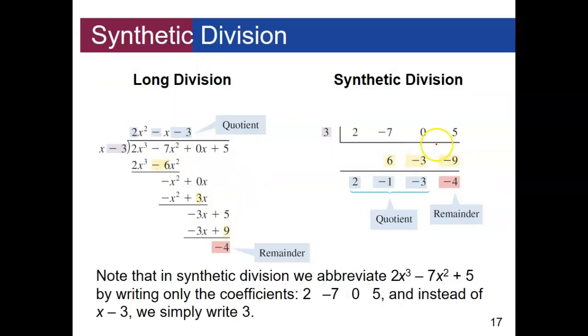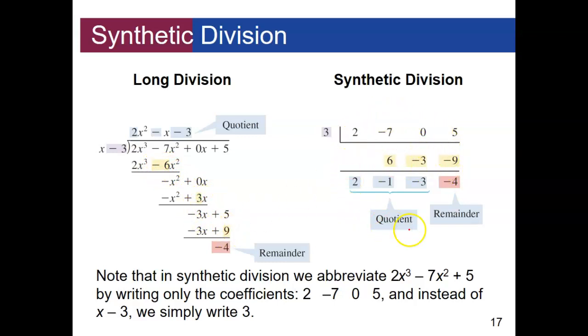Okay, so this is kind of just a screenshot of both to show the comparison here. You still have to have your placeholders. If you look at the terms, this x minus 3, you're just going to simplify that to be the 3 here that you put into it. And you just work through, and you see here's the 3, the 6, the 3, and the 9 that show up here.